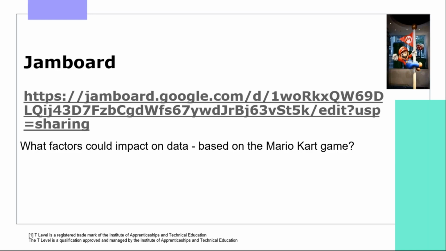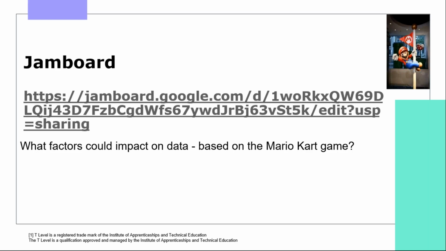Now I'm going to put a link to a Jamboard into the question box. Please use it, and you'll be on the first slide, and add a sticky note to answer the question.